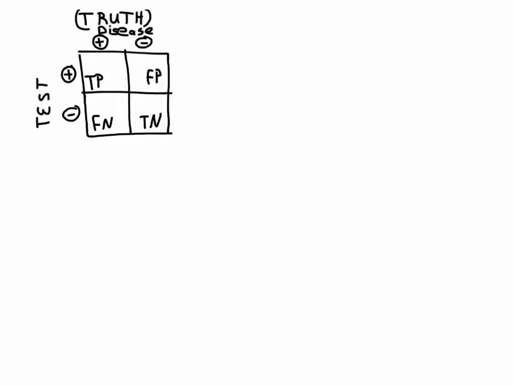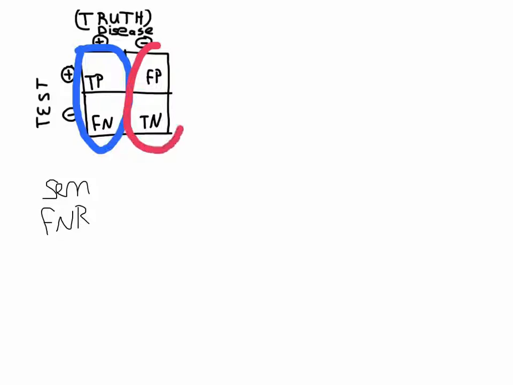So let me recap this. This column will give you the sensitivity and the false negative rate. On the other hand, this other column will give you specificity and the false positive rate.